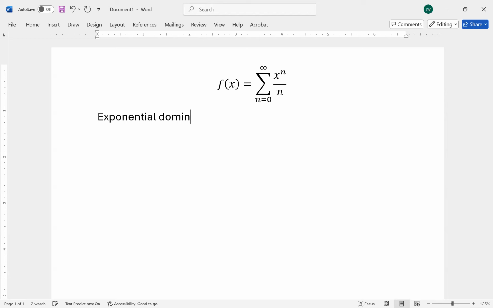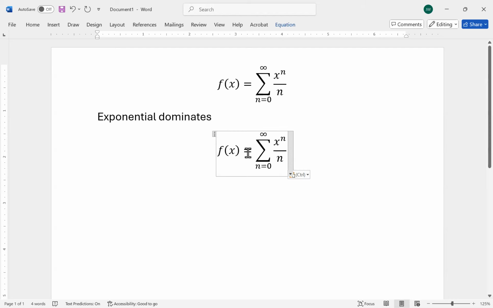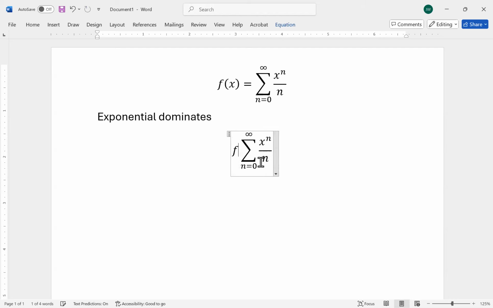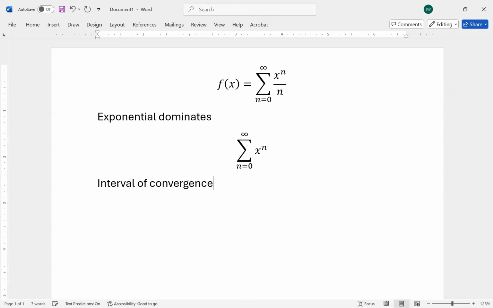All right. Exponential part is going to dominate. We have an exponential part and an n part. Now, in this case, the exponential part is just x to the n. So I think of what happens here. The interval of convergence is very easy to find in this case because x serves as the r value.